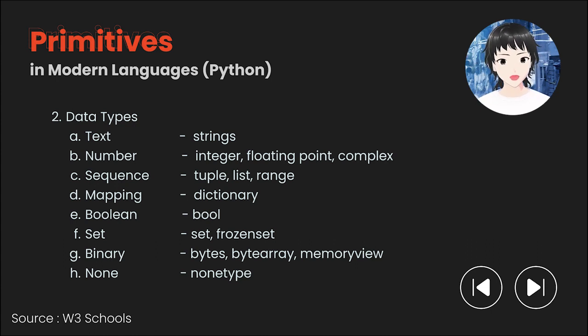Next is a set. So in Python, there are set and frozen set, 2 data types in the set category. Then comes the binary, which has bytes, byte array, memory view, and more. And final is the none. So there's one none type. So these are the data types in the modern languages, specifically Python.